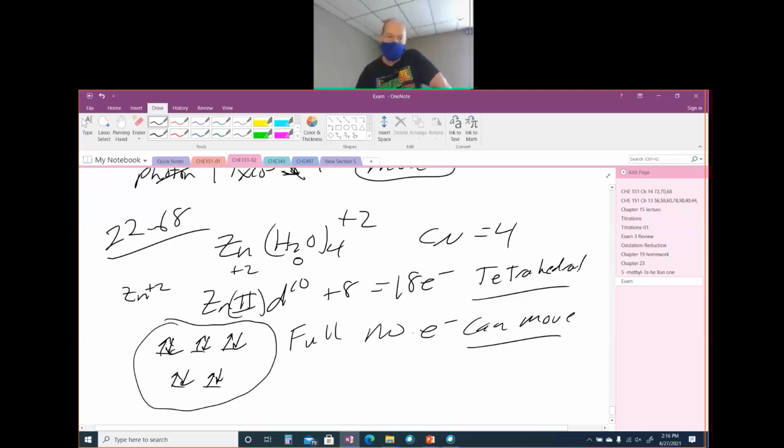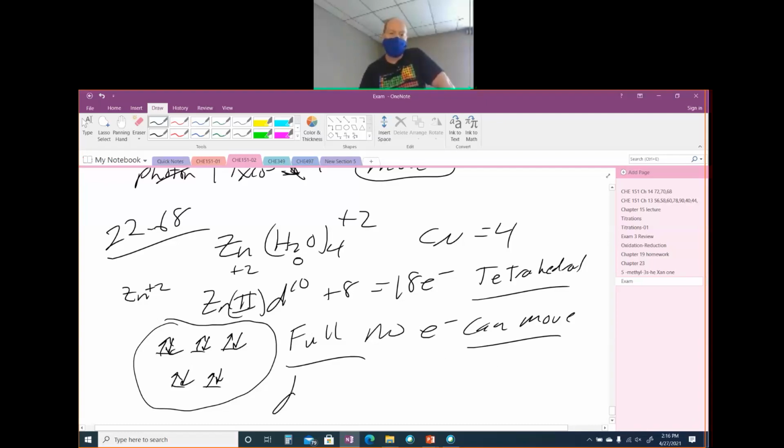For an electron to move, you would have to put 3 electrons in one of these orbitals, or you would take an electron out completely of the d orbital, and it wouldn't be a d to d transition. It would be d to some other orbital. All right, and so the electrons cannot go back and forth inside here because it is a full d subshell.